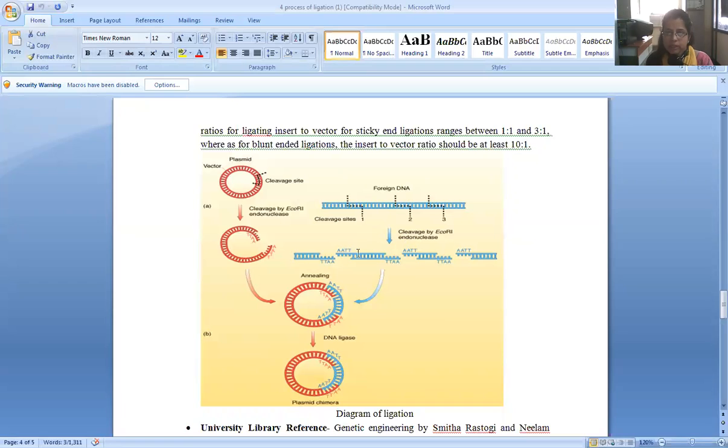Now this gene of interest with sticky ends and the vector with sticky ends will be rejoined with the help of DNA ligase enzyme. This DNA ligase will seal the gene of interest into the vector and make the plasmid chimera, or you can say the recombinant vector, which will be introduced further into the host where we want the recombinant vector and want modifications in the gene.